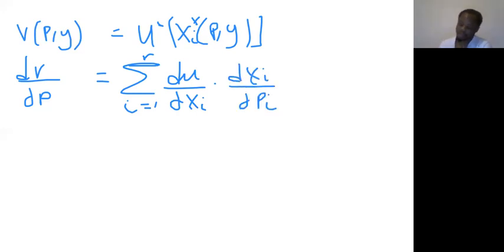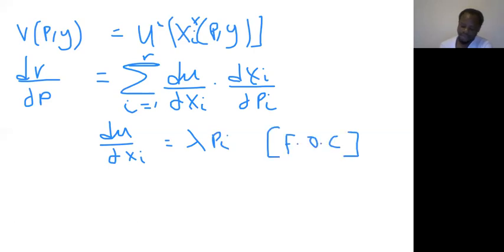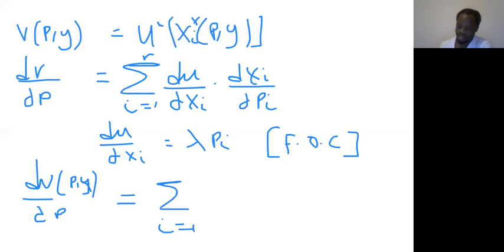Now from the same first order condition, you remember du/dxi is equal to lambda pi. So dv(p, y)/dp is equal to the summation of i equals 1 up to n of lambda pi multiplied by dxi/dpi.